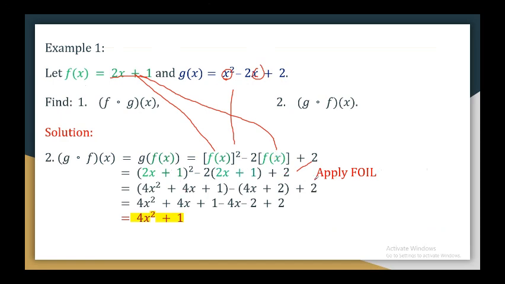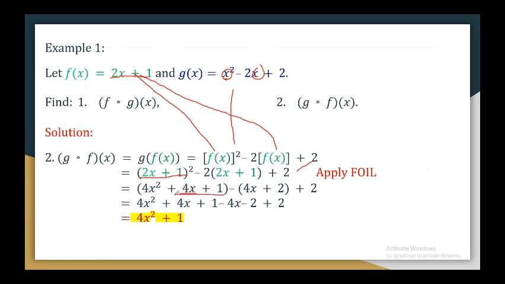Then apply the FOIL method: the first term, outer term, inner term, and the last term. So we have here the square of 2x plus 1, meaning 2x plus 1 times 2x plus 1. The first term is 2x times 2x, we have 4x squared, plus 2x times 1, plus 2x times 1, we have 4x in total, and the last term is 1.